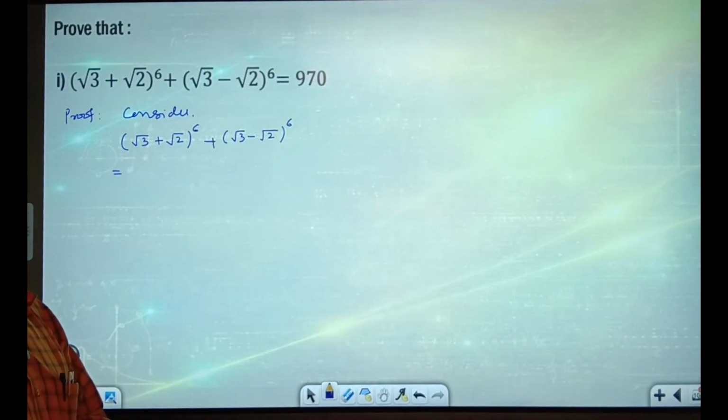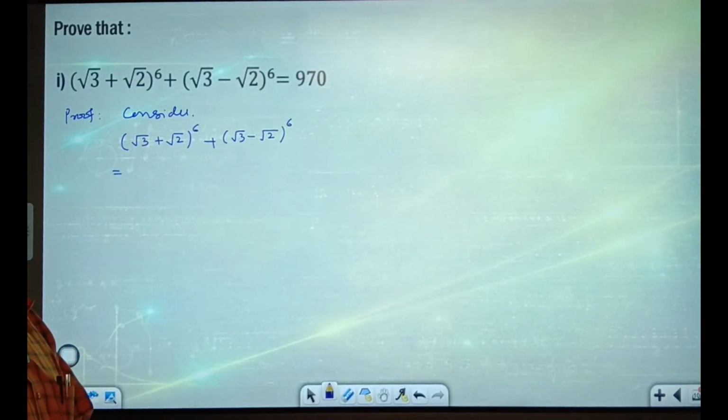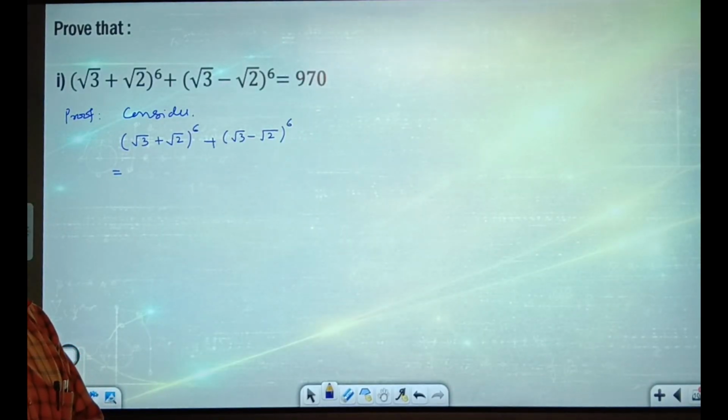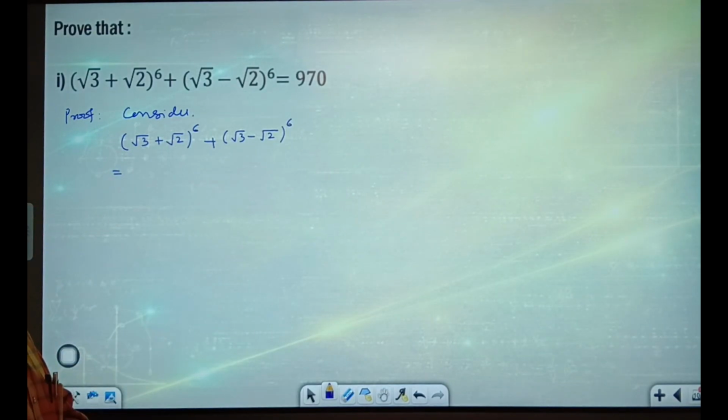In this case, there will be 7 terms and all terms are positive. In this case also there will be 7 terms and alternate plus minus, and the terms will remain same because A and B are same.